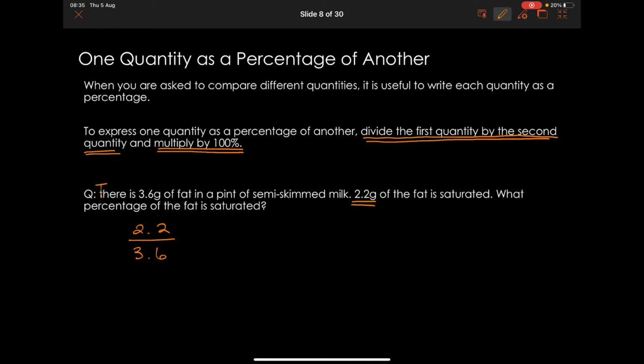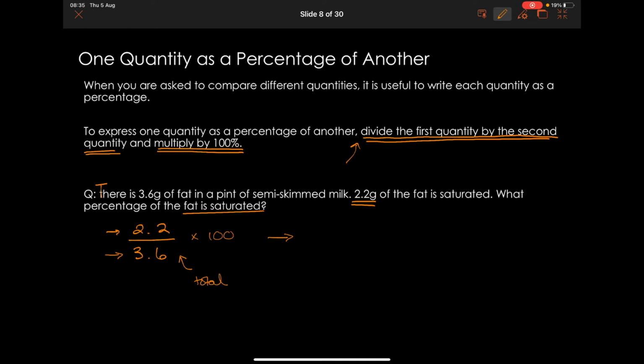So although this is a good description, the total must go on the bottom, because if you put it on the top, it will give you the wrong answer. So the total must go on the bottom. It's saying what percentage of the fat is saturated. Well, it's 2.2 out of 3.6 in total. And then we just times that by 100.